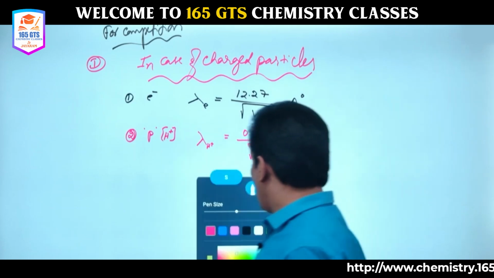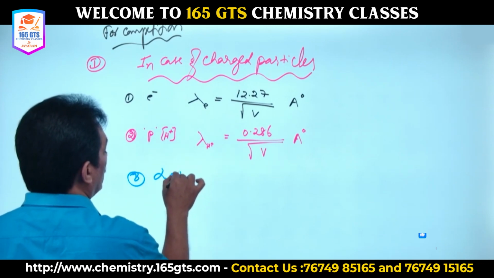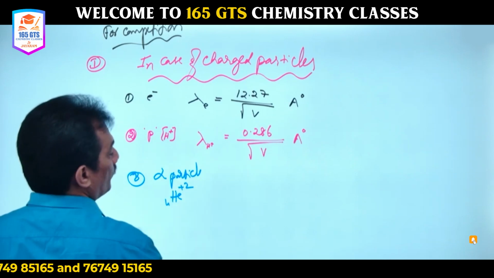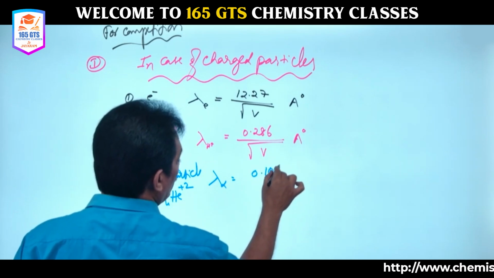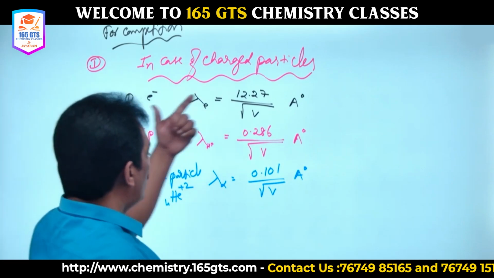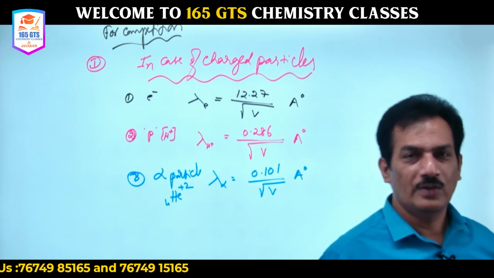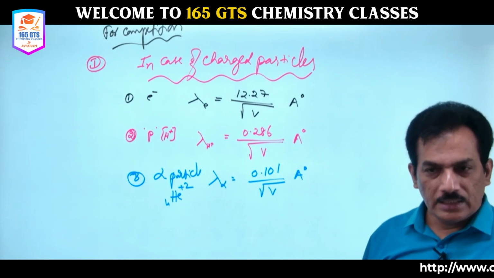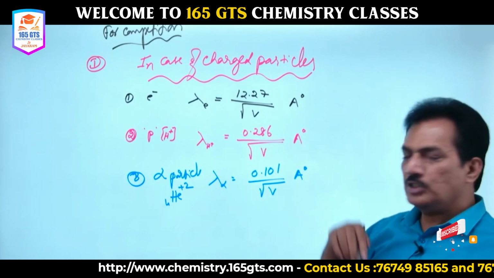And now for alpha particle, which is considered to be helium nucleus, He 2 plus, lambda is equal to 0.101 by under root V angstrom. These are the values. Directly you can substitute because it is a time-bound competitive exam. So immediately when they provide the potential used in accelerating the particle like electron, proton or alpha particle, you can substitute the values.